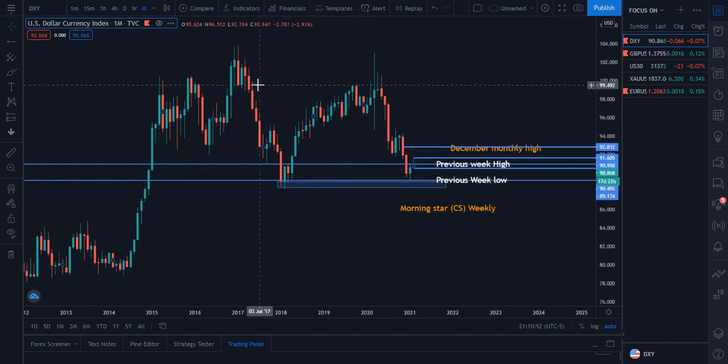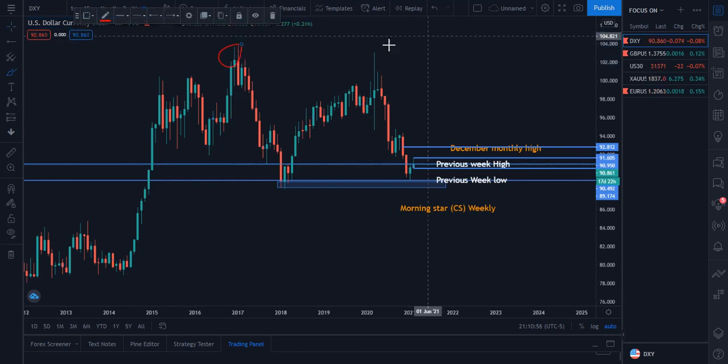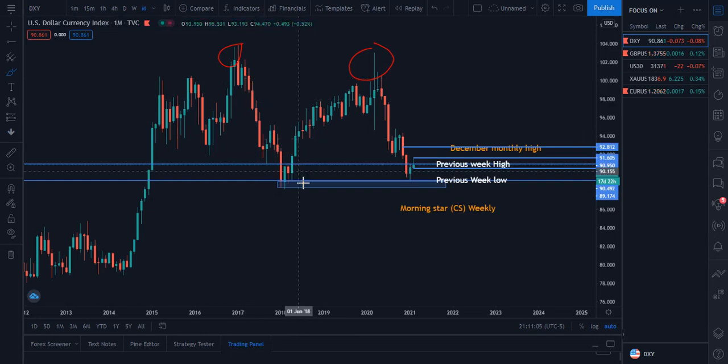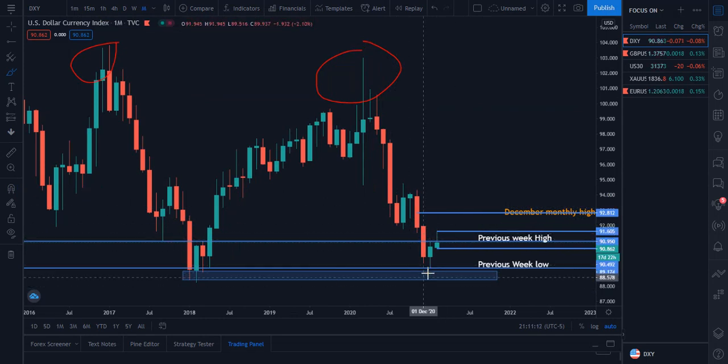As you can see, guys, here I see a double top. This would be the side, this would be the side, and this would be the head. And as you can see, it just finished forming here. It came back here and respected this support level right here.